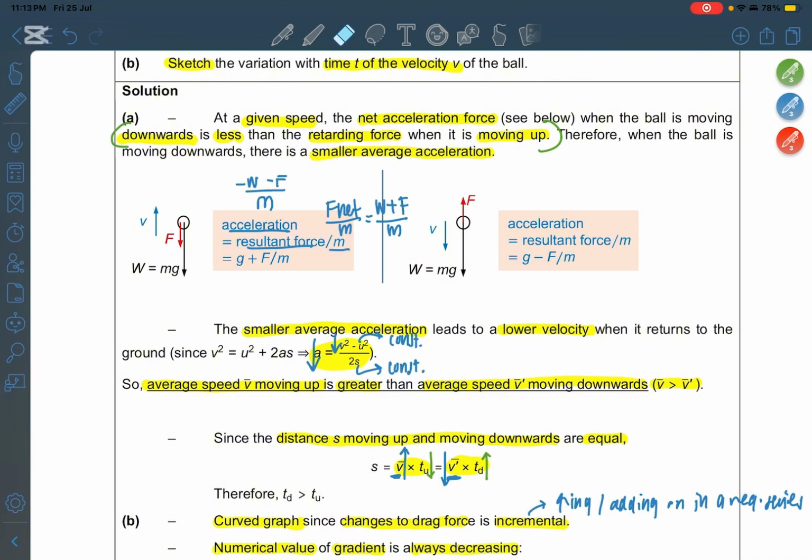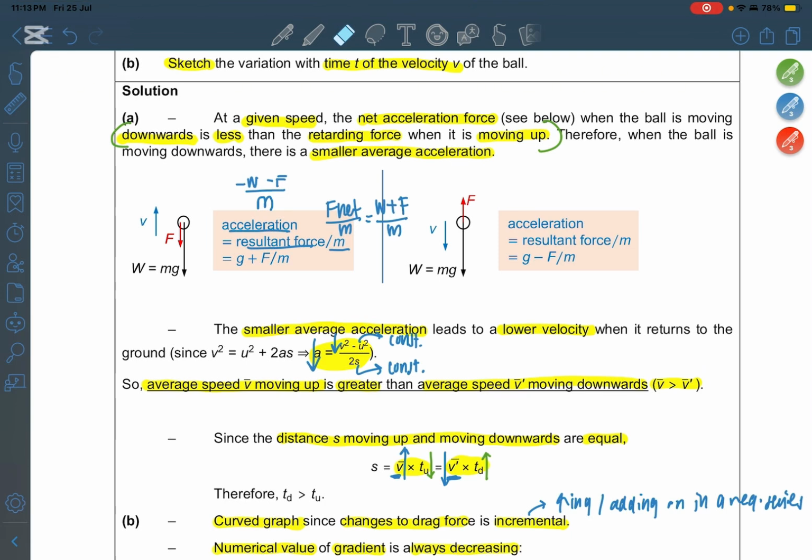Meanwhile, gravity stays constant. So knowing that the resultant downward force decreases because, okay, bear with me, air resistance increases, it's getting bigger. And so the net downward force decreases. That means air resistance is going to be subtracting more from gravity.